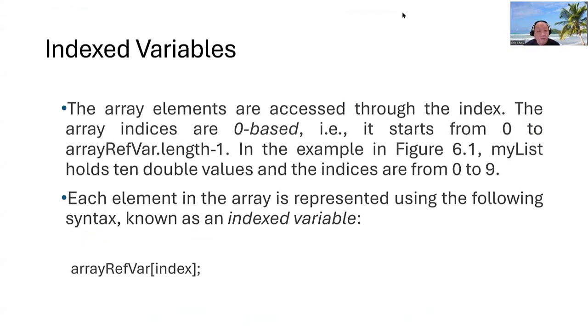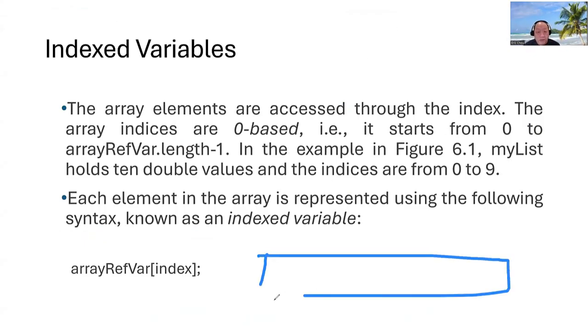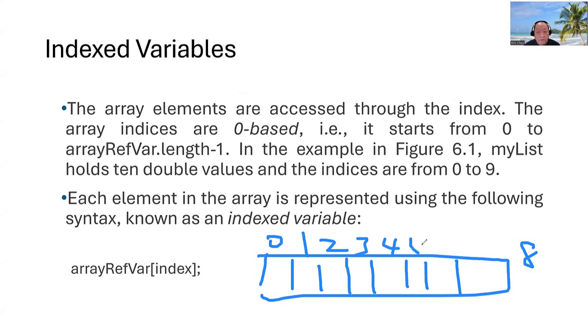The index value is the address that you use to access an element. So let's assume that you have elements starting from 0, 1, 2, 3, 4, 5, 6, 7. Okay. So why do we start with 0?